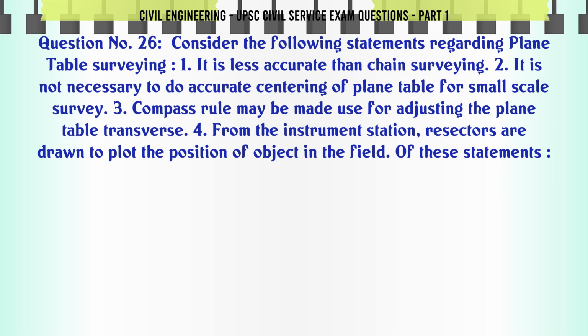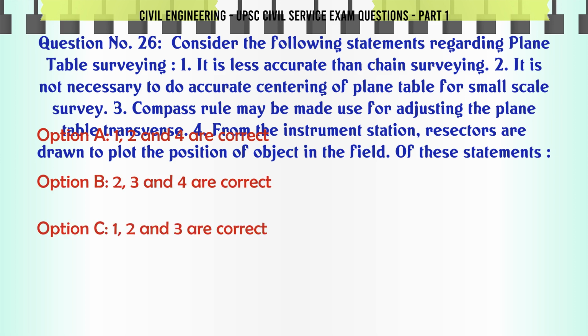Consider the following statements regarding plane table surveying. 1. It is less accurate than chain surveying. 2. It is not necessary to do accurate centering of plane table for small-scale survey. 3. Compass rule may be made use of for adjusting the plane table traverse. 4.